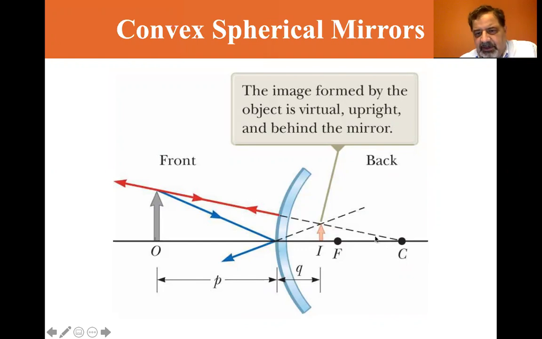Here's the center. They don't show the radius here, but here's the center of the curvature. Here's the primary axis. You can see that this is the object in front of the convex mirror, and this is the ray drawn perpendicular to the surface of the mirror, and this is the one drawn through the center line.